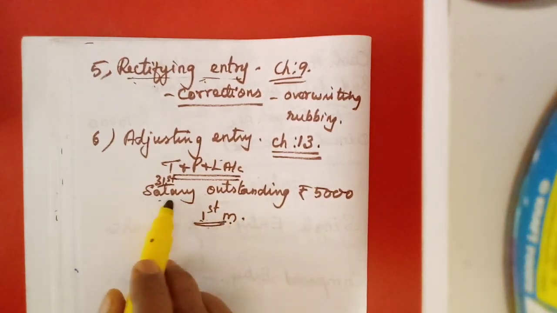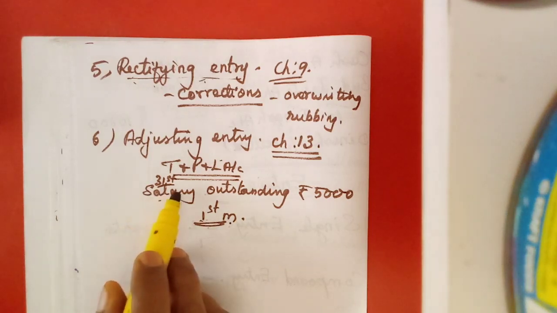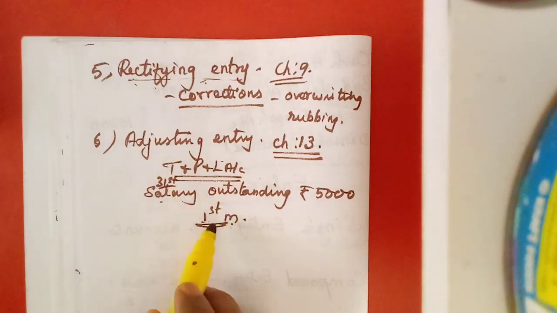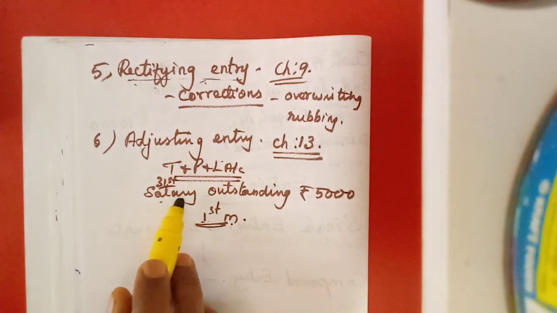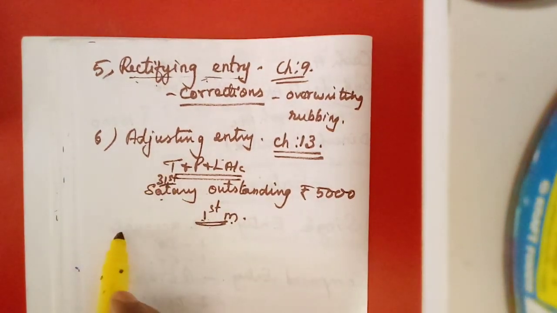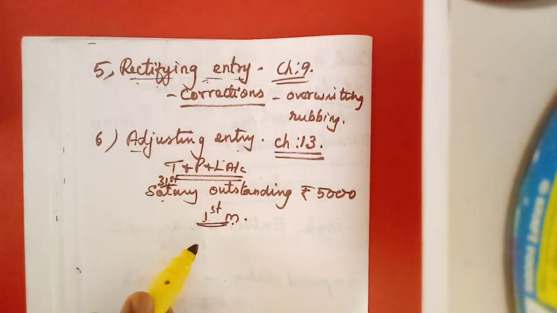So if the year closes on 31st December, we have not paid that December salary, but it will be paid on 1st January next year. So we should include this salary along with this year's expenses. So we need to make some adjusting entries. Understand?